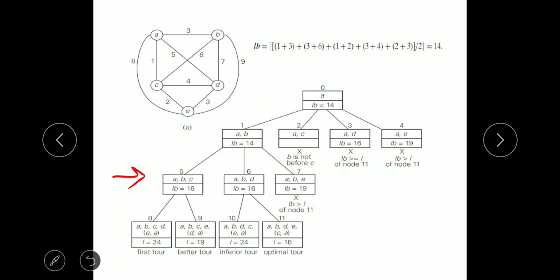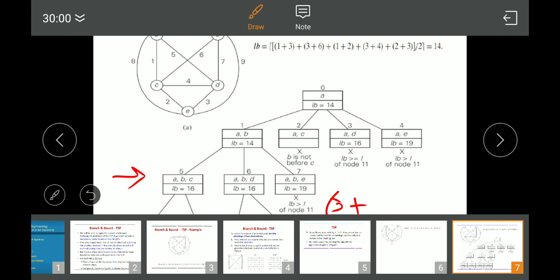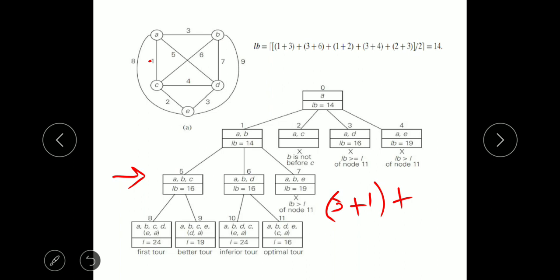So we were calculating the values here. When you include an edge A, B into the Hamiltonian cycle, the cost of reaching from A to B is 3, plus the next edge with the least value is 1, so 3 plus 1, plus the minimum cost edges from vertex B. B to A must be included in the Hamiltonian cycle, so B to A is 3, plus then B to C. We have edges from A to B and B to C in the Hamiltonian cycle.